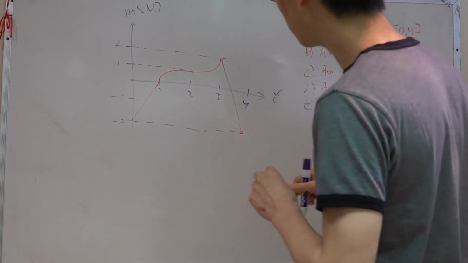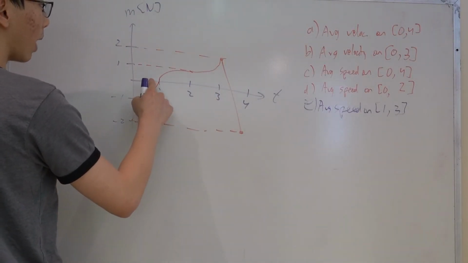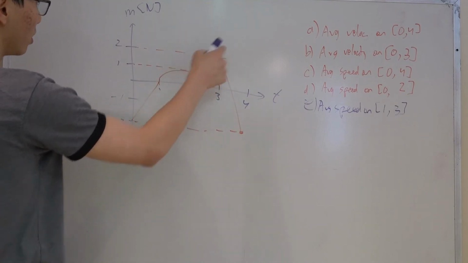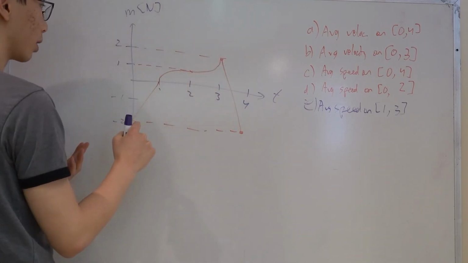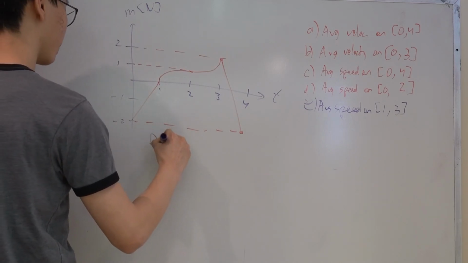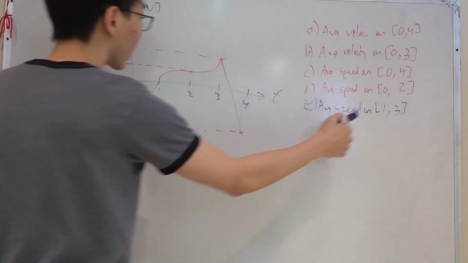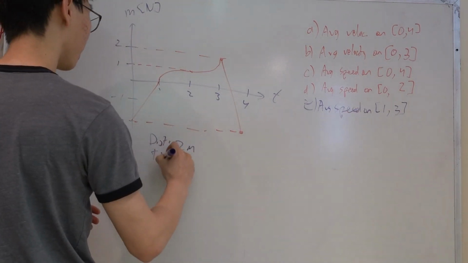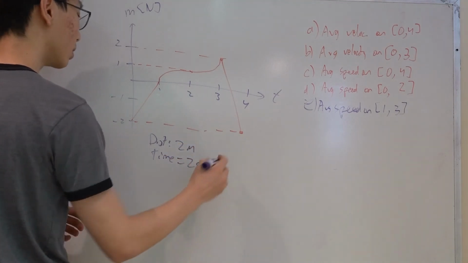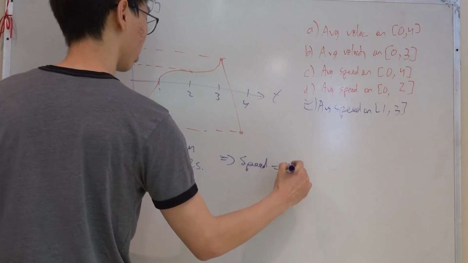So what you need to do is look at 1 and look at 3 and see how much distance you traveled from 1 to 3. And it looks like you just went straight up, so you just went 2 meters. Okay? So your distance is 2 meters. Now your time is not 3 seconds, but it's actually 3 minus 1, which is 2 seconds. So time is equal to 2 seconds. Therefore, your average speed is equal to 1.